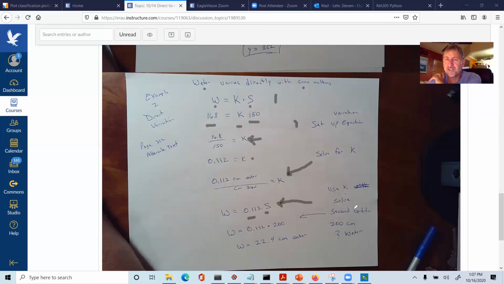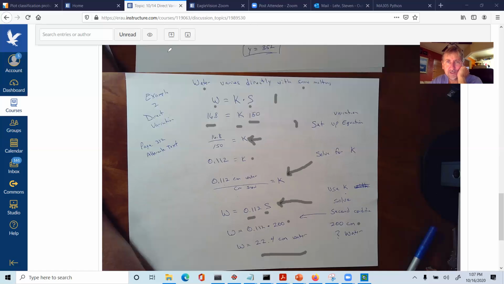Then they give us a second condition: what if under similar conditions, we had 200 centimeters of snow? We go back to our equation, W equals KS. We've already solved for K, which was 0.112, and this time we know 200 centimeters of snow. So we multiply 0.112 times 200, and the amount of water is 22.4 centimeters.